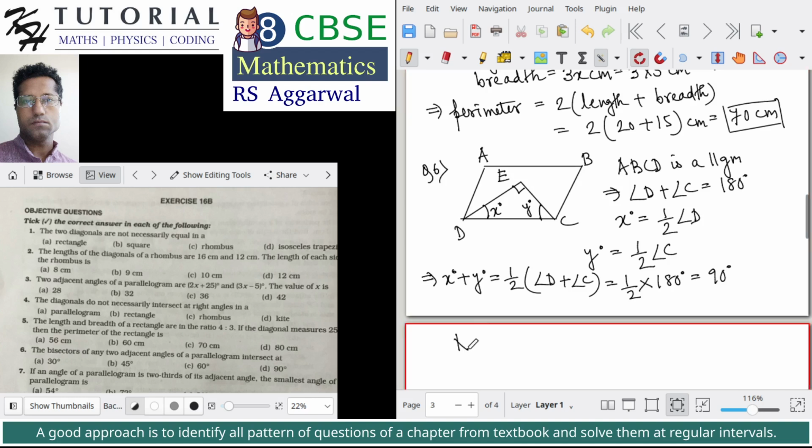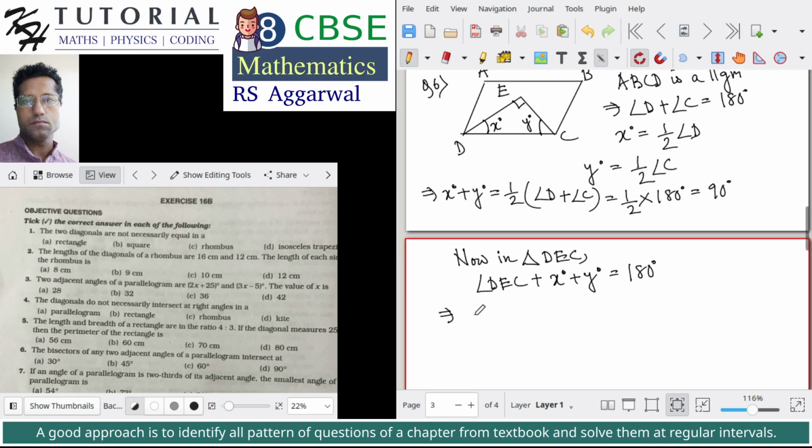Now in triangle DEC, applying the angle sum property, that is the sum of three angles in a triangle is 180 degrees, we can say that angle DEC plus angle x degree plus angle y degree should be equal to 180 degrees.